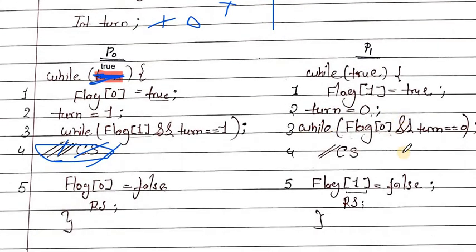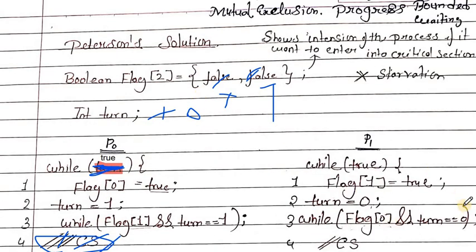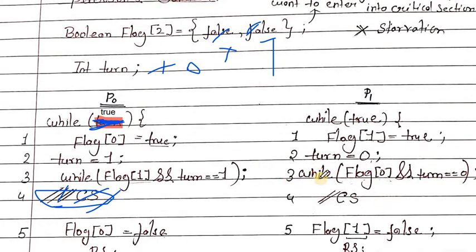Now check the condition: while flag 0 and turn is equal to 0. Flag 0 is true and turn equal to 0 is true, so the condition is true, and P1 is stuck in this while loop.